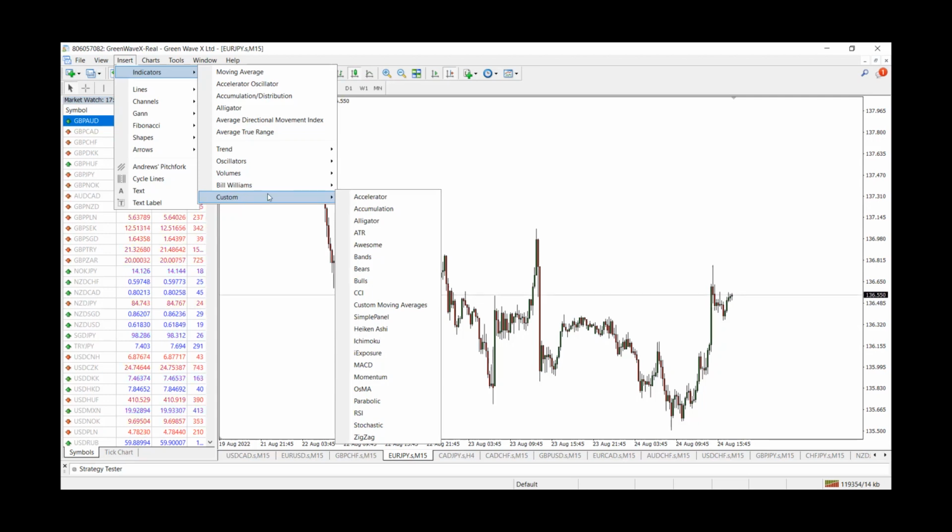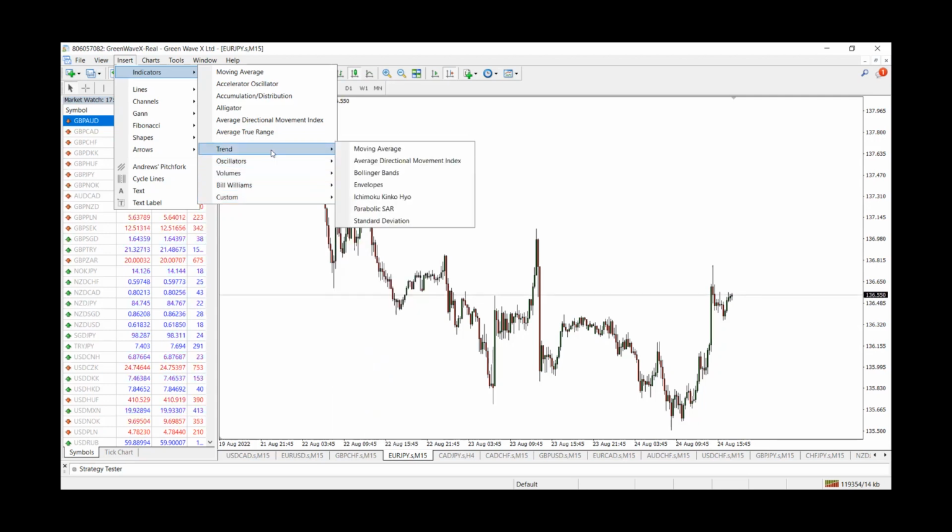All right. So moving average is a trend indicator, because it follows the trend. If the trend is going down, the moving average is going to go down. If the trend is going up, the moving average is going to go up. And for obvious reason, which we've already explained when we were talking about how the moving average has been developed.